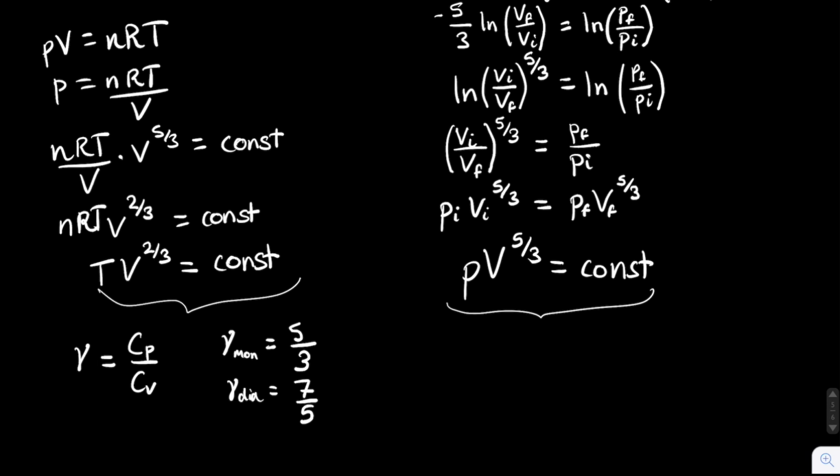But more generally, you say that PV to the gamma is a constant, where gamma in this case is 5/3, or likewise TV to the gamma minus 1 is a constant. Generally you'll be dealing with monatomic ideal gases, so gamma is mostly going to be 5/3.